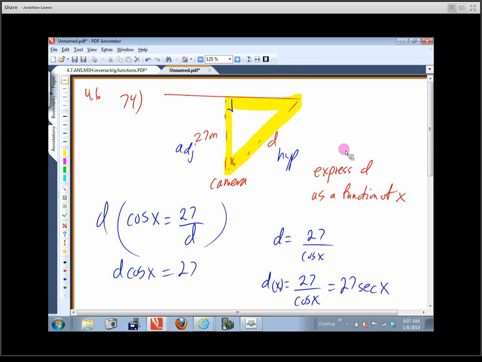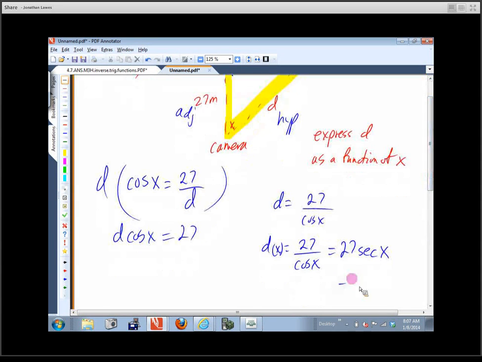But there's going to be a limit to how big that can get. It would be pi halves, or 90 degrees going this way, and then you could swing the camera the other way. So this would work as long as this was between negative pi halves and pi halves. Good?